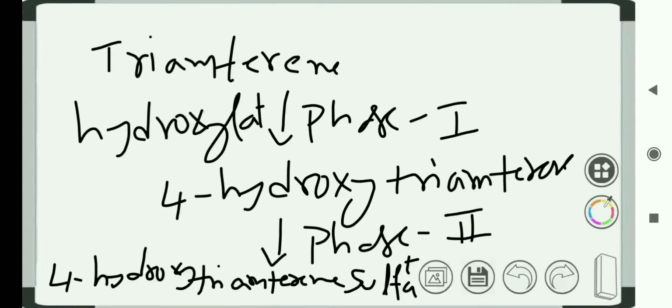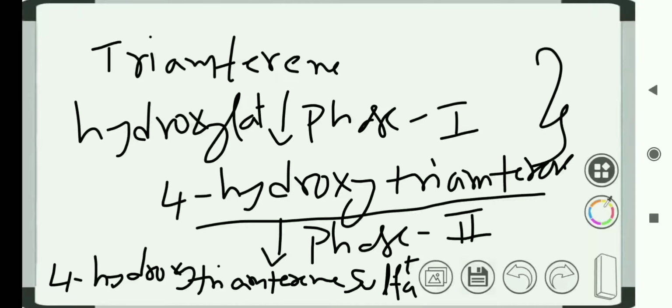So this is the entire molecule we generate, 4 hydroxy triamterene sulfate, and it retains the activity. Triamterene, phase 1 hydroxylation, 4 hydroxy triamterene, phase 2 transformation, 4 hydroxy triamterene sulfate, which retains diuretic activity. So this is the entire metabolism of triamterene.